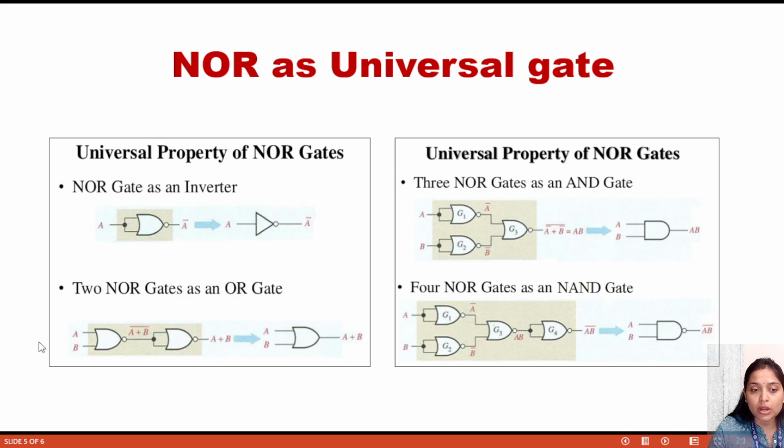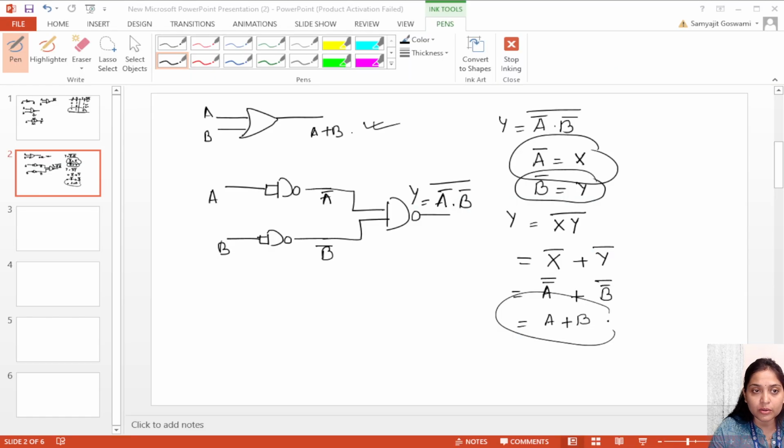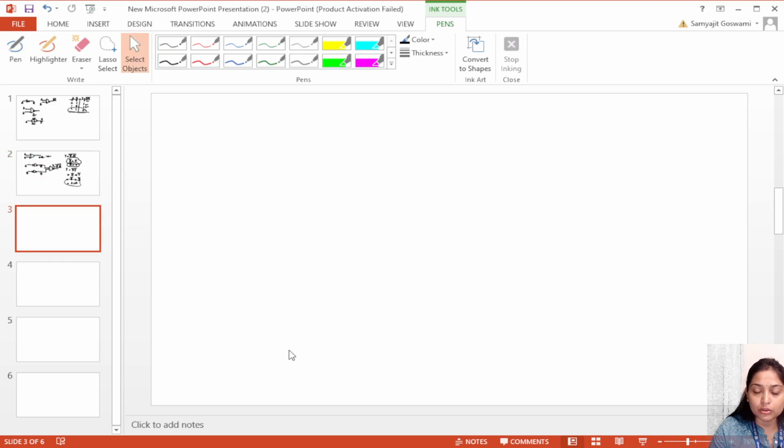Now I am going to explain this mathematics again, so it will be easier for all of you. First of all, this is A, then I am passing this A through a NOT gate, so it will come out as A bar.